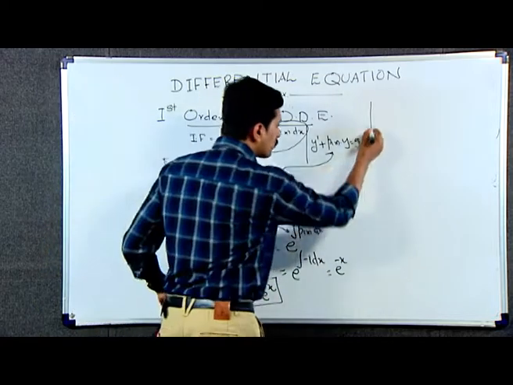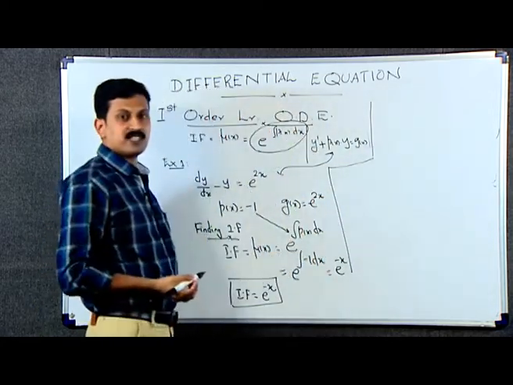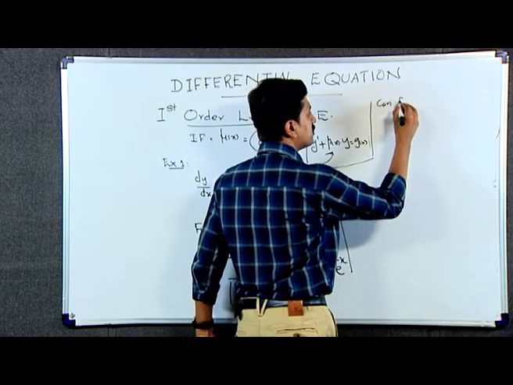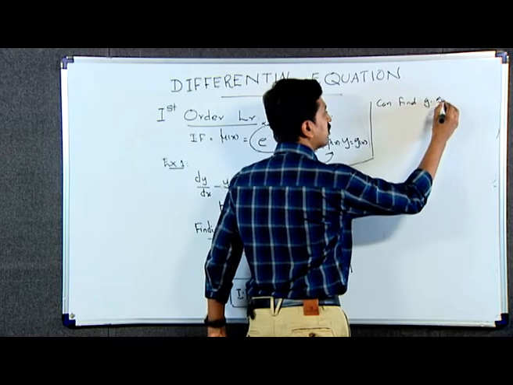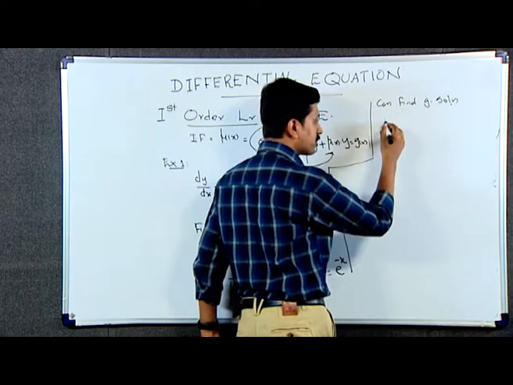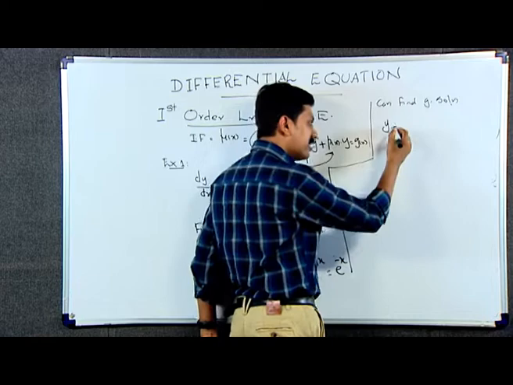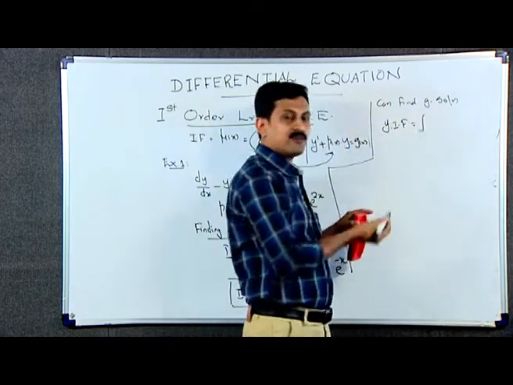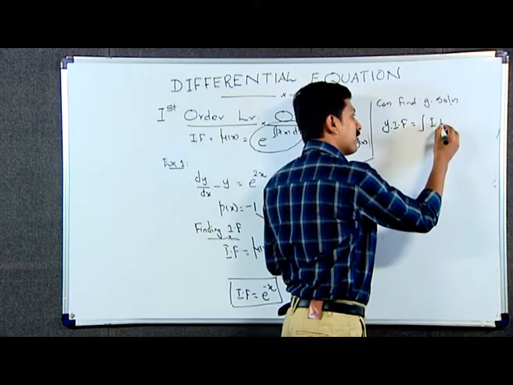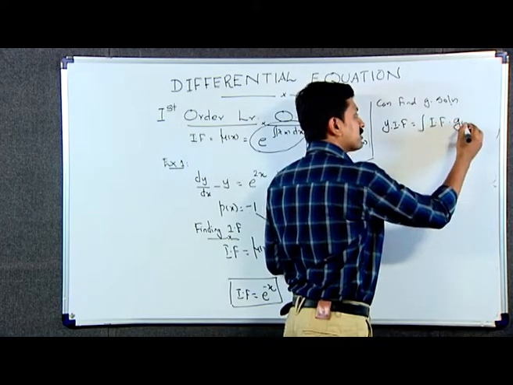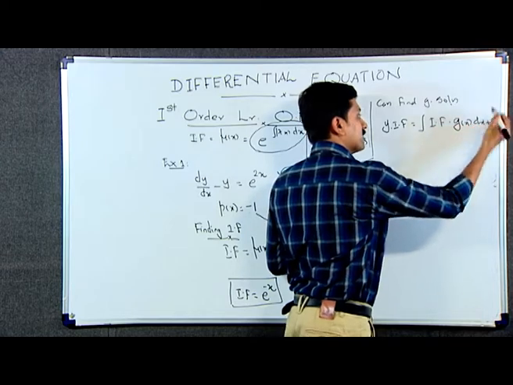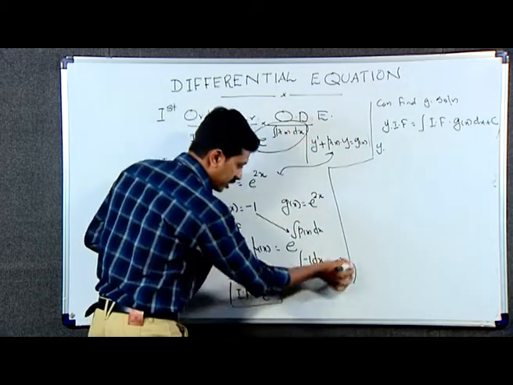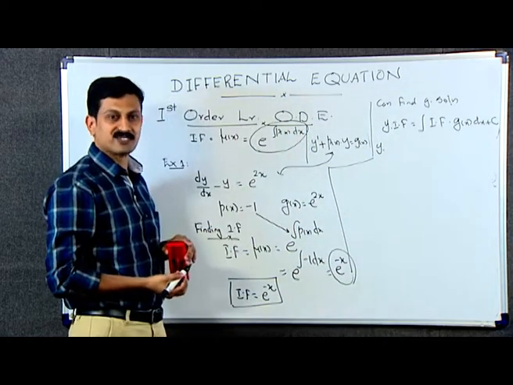Now we can move to our formula. We can find the general solution by using the formula: y into integrating factor is equal to integral of integrating factor into g of x dx plus c. Here we found the integrating factor as e raised to minus x.